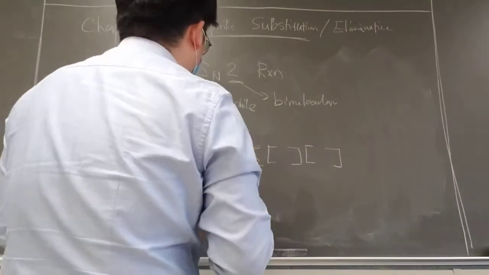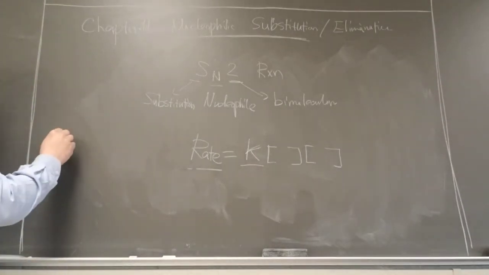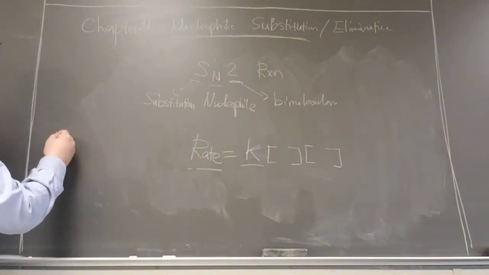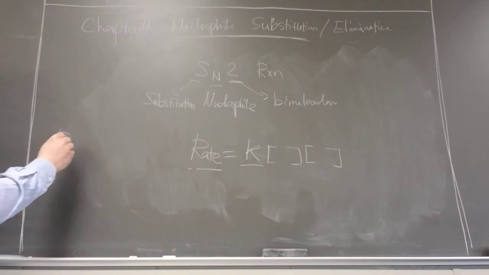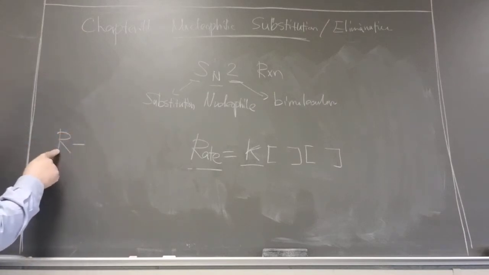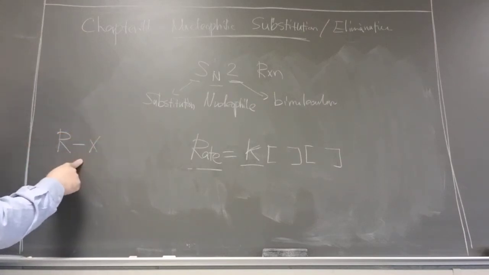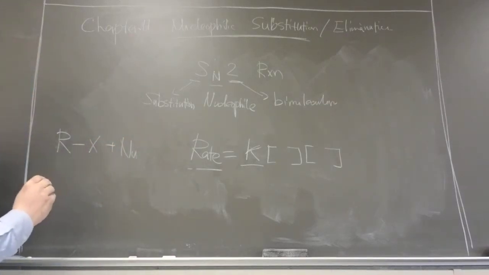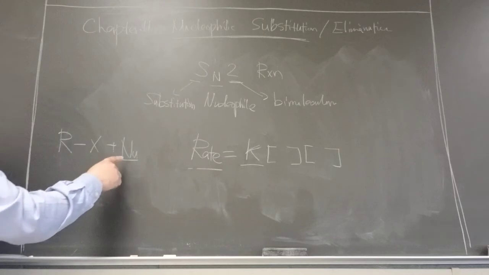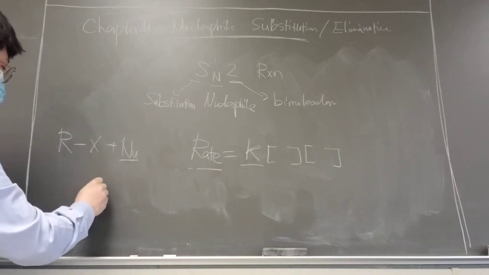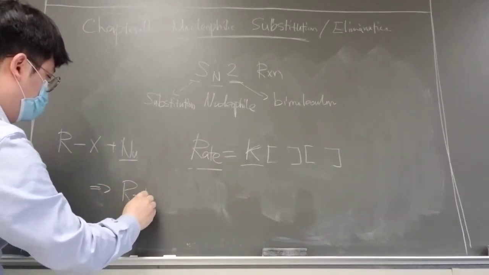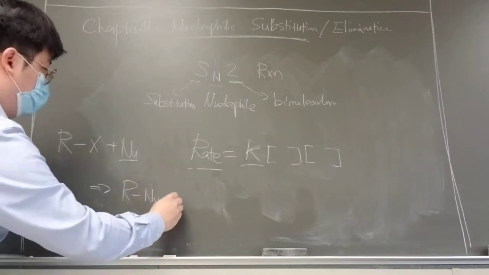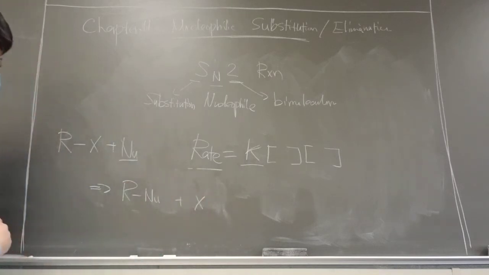So in this case, here's the form you need to remember. For nucleophilic substitution, like I said, you have any compound with an R group that has a halogen, and a nucleophile comes in. NU is the acronym for nucleophile. Then you have R with the nucleophile, and an X over here.